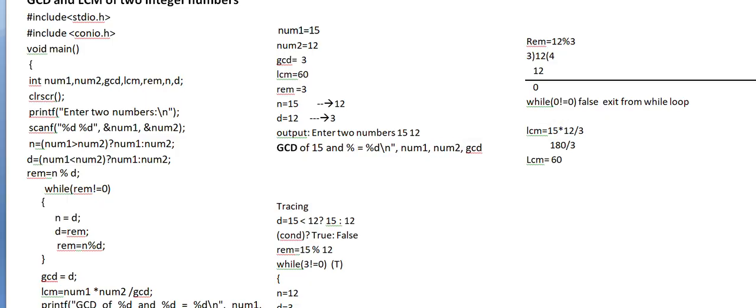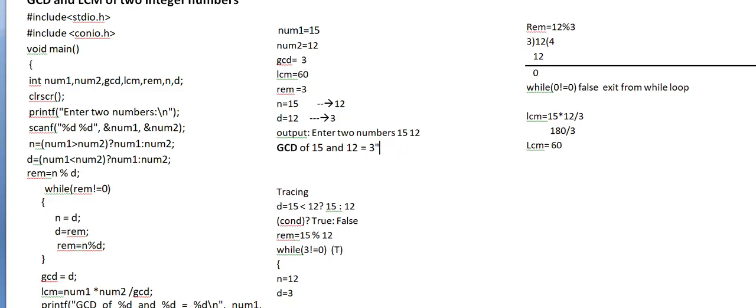Num2 is holding the value 12. Next it is the GCD value. The GCD is holding the value 3. So it will be displayed like that: GCD of 12 and 15 is equals to 3.